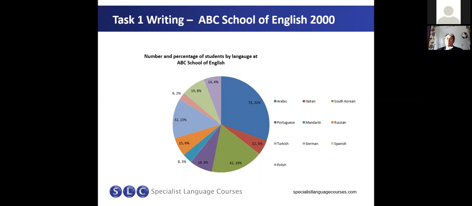You could say, Russian students were about half as many as Turkish students, or turned the other way, Turkish students were about twice as many as Russian students.